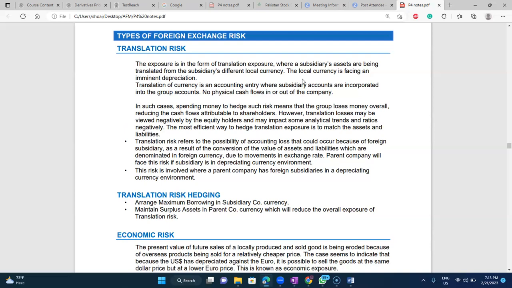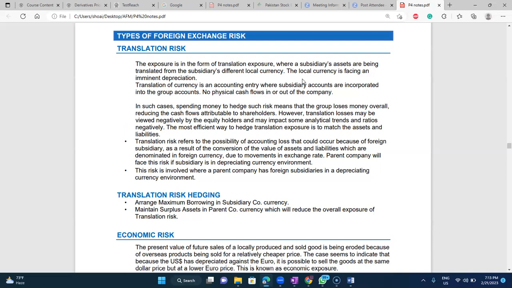So assets will translate into a lower amount. That is translation risk. You should know what translation risk is, how to hedge it, and the main thing, how to manage that risk.